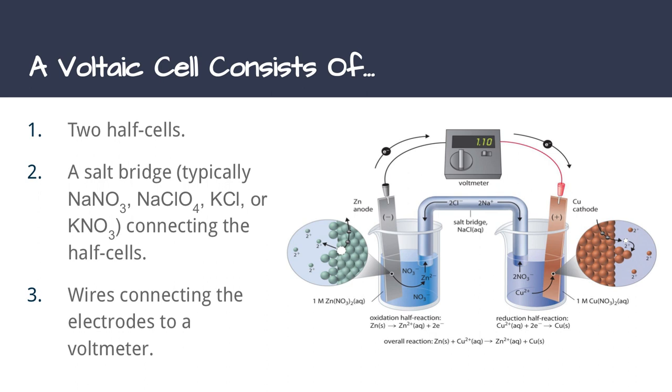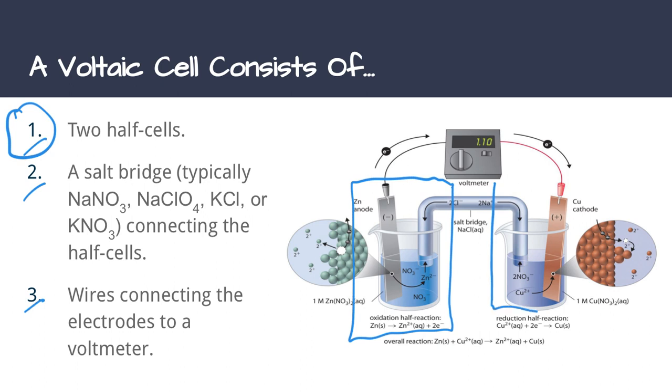So what is a voltaic cell? We know that it takes chemical energy and converts it to electrical energy. How does it do that? It has three main components and uses the oxidation and reduction half reactions to create electrical energy. The first component is two half cells. In a voltaic cell, this over here would be one half cell, and this on the other side would be the other half cell.